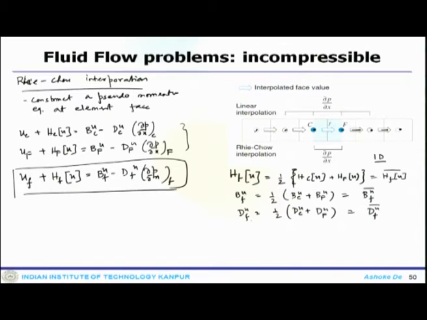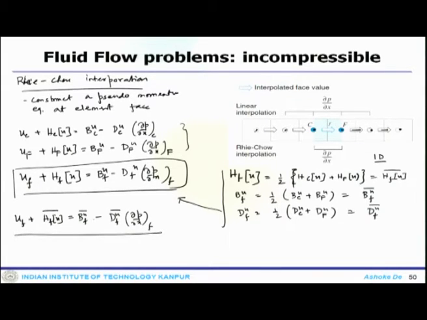You use these values in this equation, and what you get is a pseudo momentum equation, written as U_F plus H_F^U prime equals B_F^U prime minus D_F^U del P by del X at F. In all practical sense, this is the momentum equation on a staggered grid.